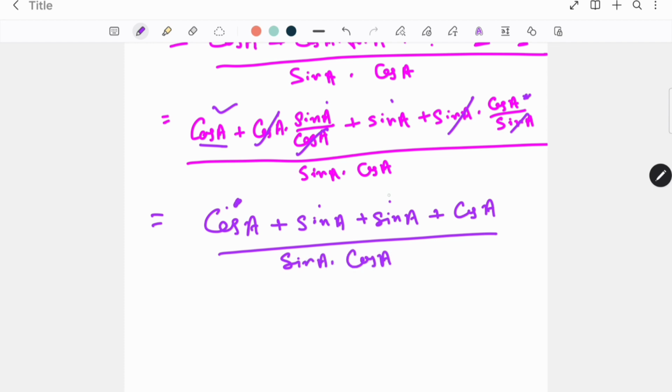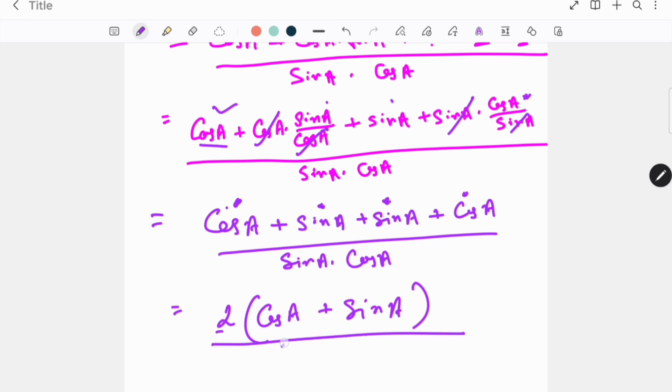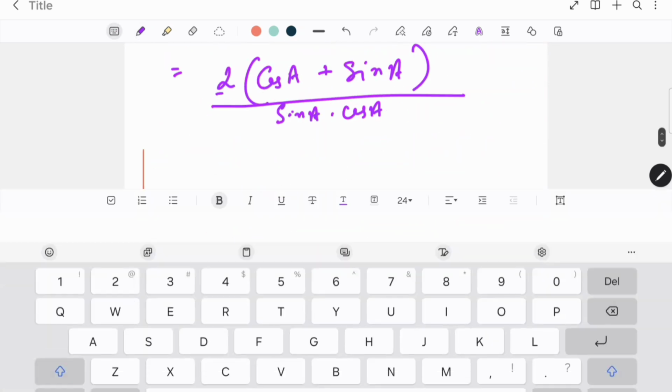This cos and this cos are like terms, so they are having 2 times, so you can write 2 times cos A. This sin A and this sin A also are like terms, so you will be getting 2 sin A. So what we can do, this 2 and this 2 you can take common and put it in the bracket. So you can write cos A plus sin A, 2 we have taken common, and down it is there sin A into cos A. Now we will be doing each term by each term.